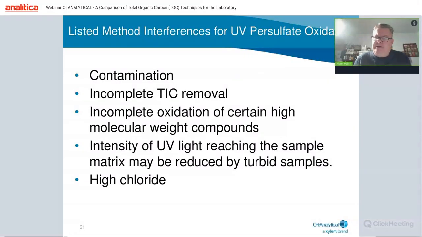They did ultimately remove that, I guess because it was possibly slanted towards the oxidation technique that we offer with the heated persulfate.